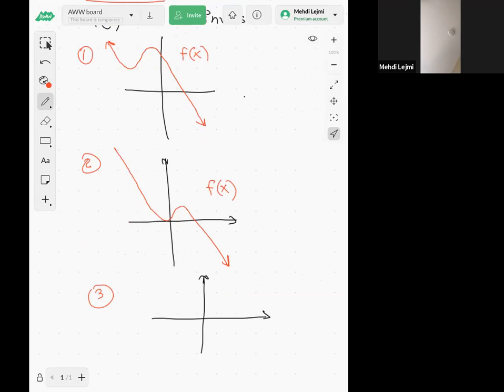Okay, guys, please use this horizontal line test to determine whether f of x has an inverse. I'm going to give you a couple of minutes to use this horizontal line test and check whether these functions have an inverse.